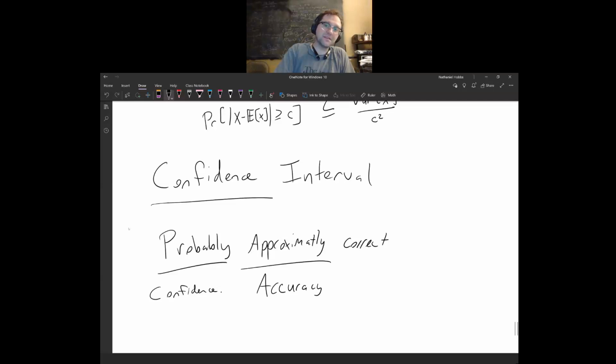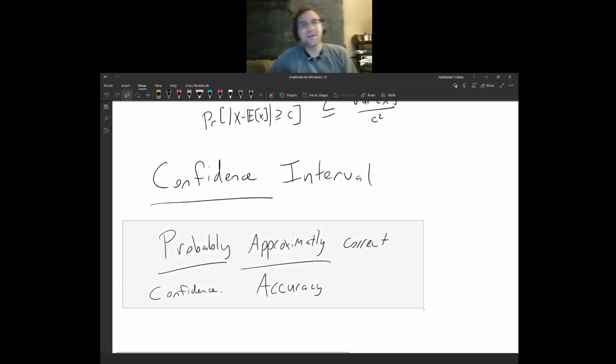There is a thing in machine learning. This is a paper that was written in 1984. There's something called PAC learning, P-A-C: probably approximately correct.